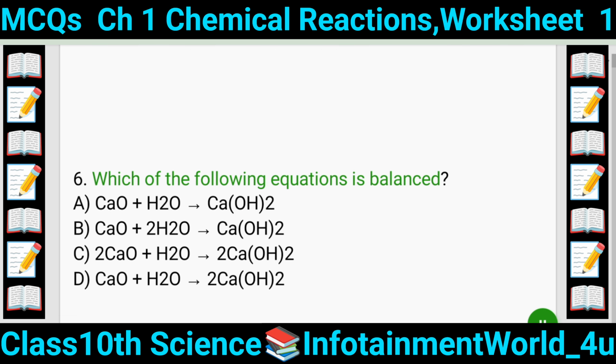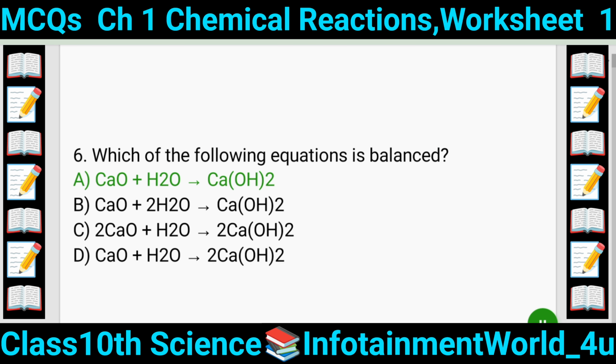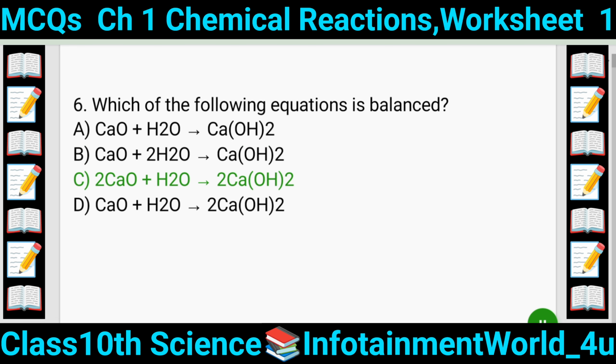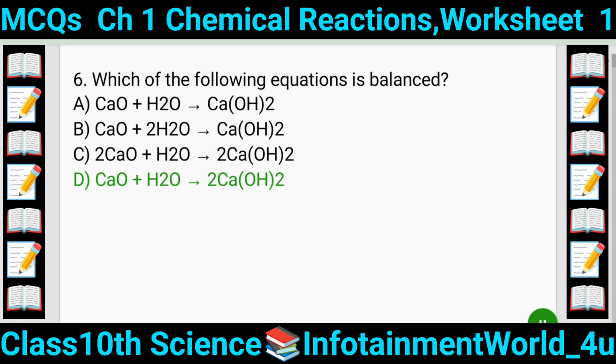6. Which of the following equations is balanced? A. CaO + H2O → Ca(OH)2. B. CaO + 2H2O → Ca(OH)2. C. 2CaO + H2O → Ca(OH)2. D. CaO + H2O → Ca(OH)2.